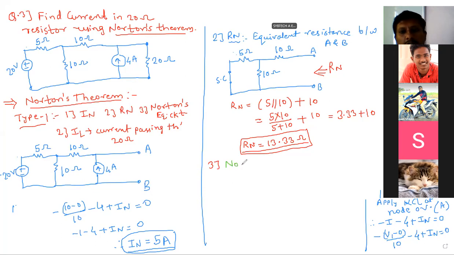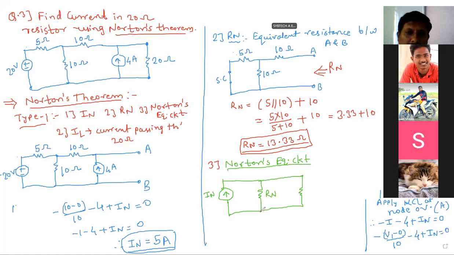Okay. Now we have to draw the Norton's equivalent circuit. This is the current source IN, in parallel with resistance RN.